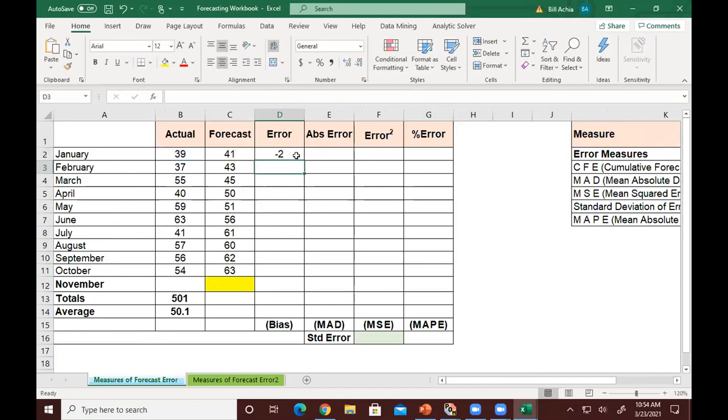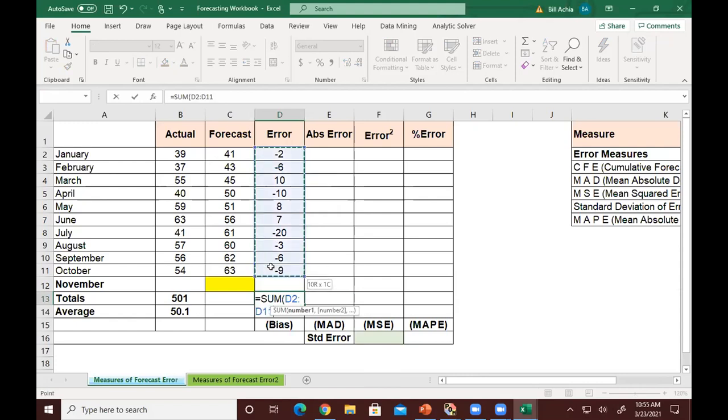So in January, we had an error of 2 units, February 6 units, and so on and so forth. Okay. If I sum up these errors, that's 10 months' worth of errors, I get this value of 31.